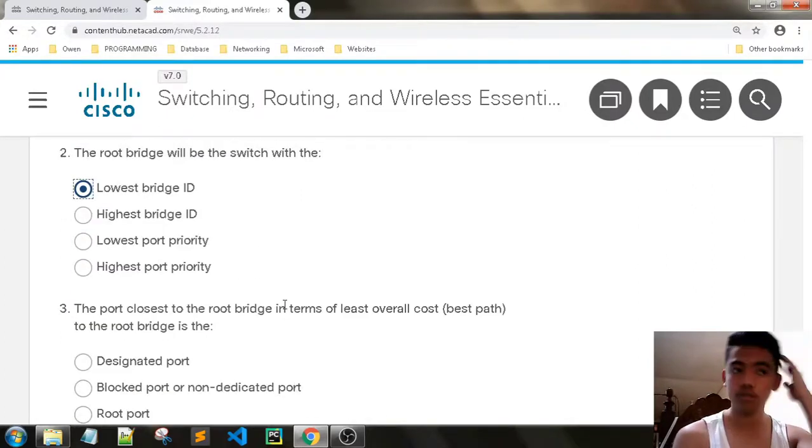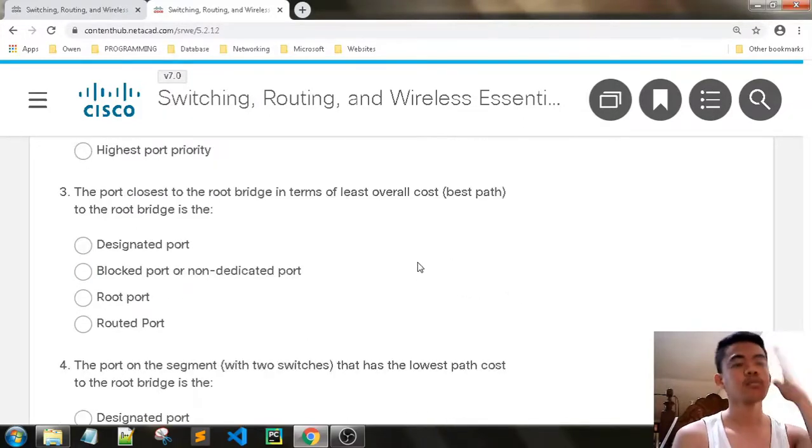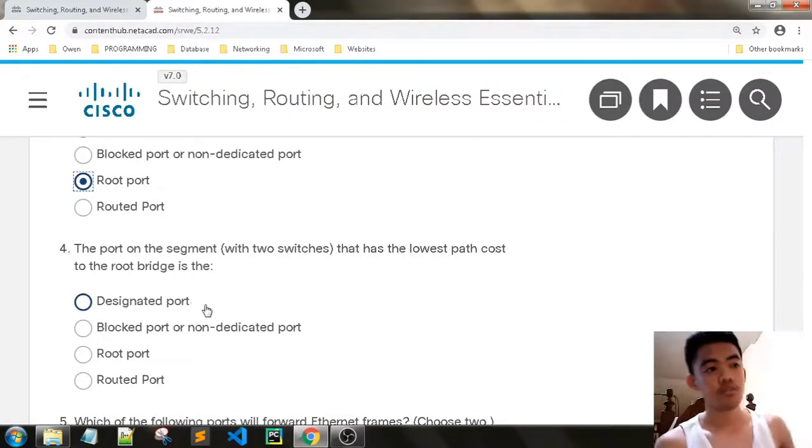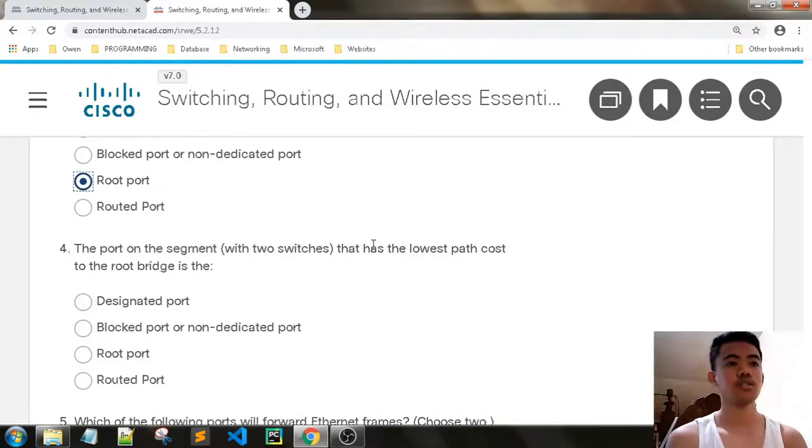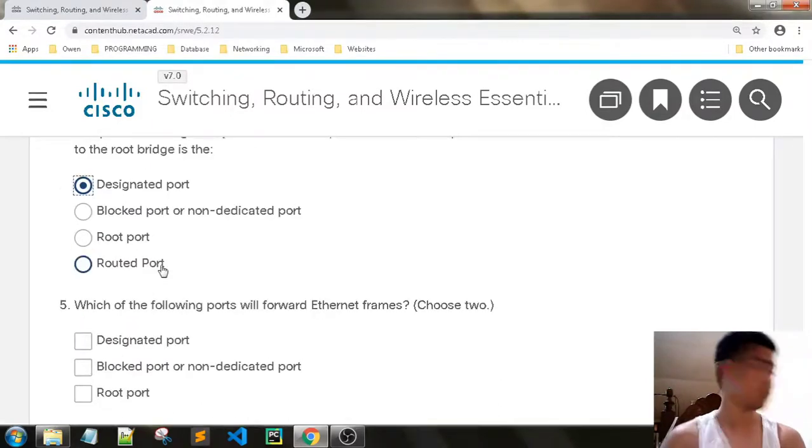The port closest to the root bridge in terms of least overall cost to the root bridge is the root port. The port on the segment with two switches that has the lowest path cost to the root bridge is the designated port.